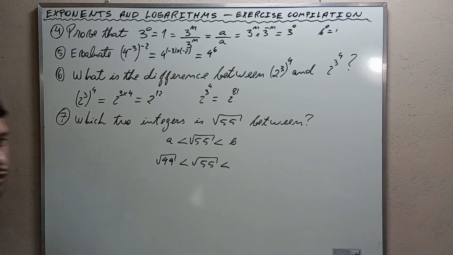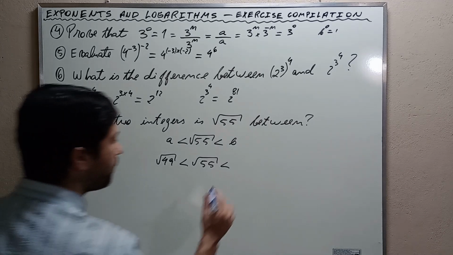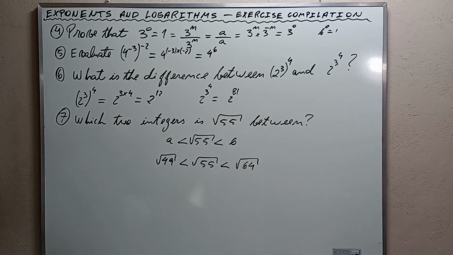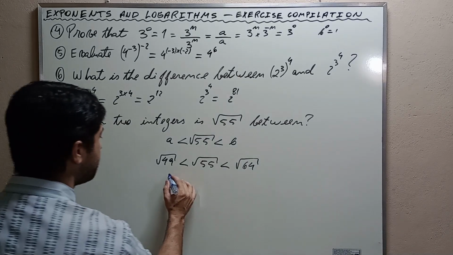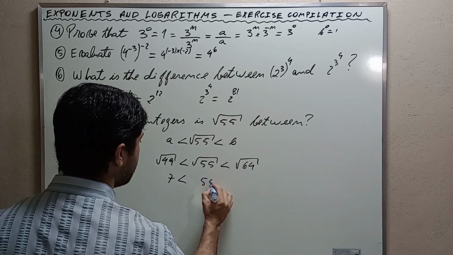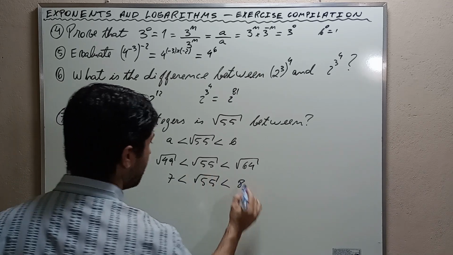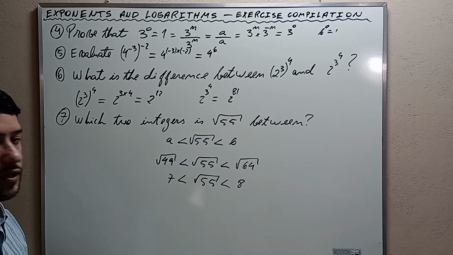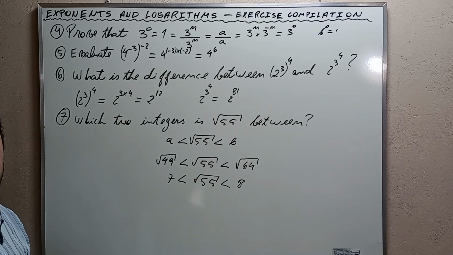And the closest number to 55 greater than 55 that has an integer square root, it is 64. Consequently, the square root of 55 is between 7 and 8. Okay, my friends, this is exercise 7. Let's go to exercise 8.